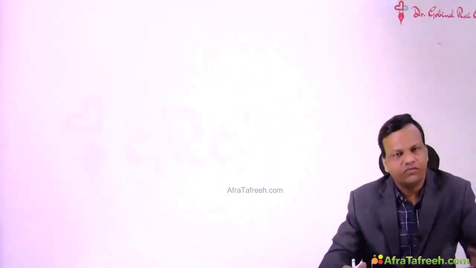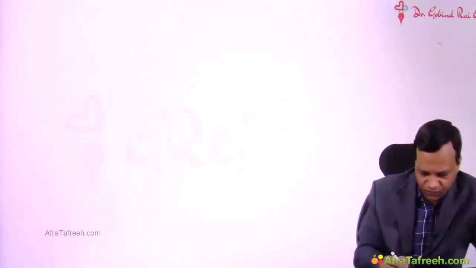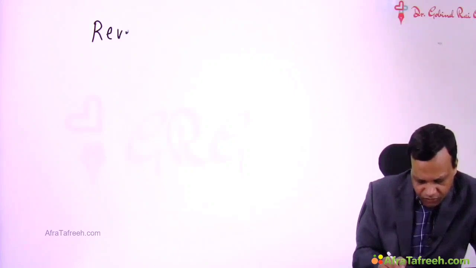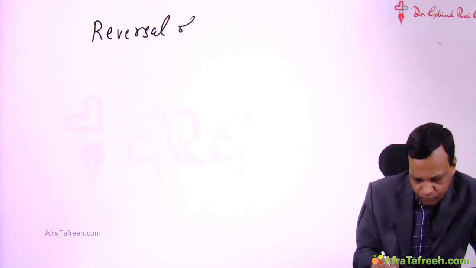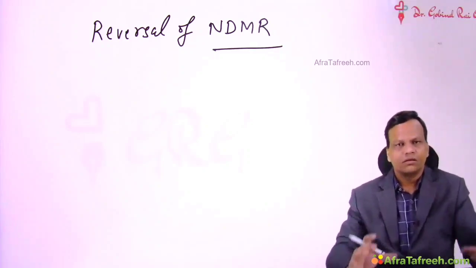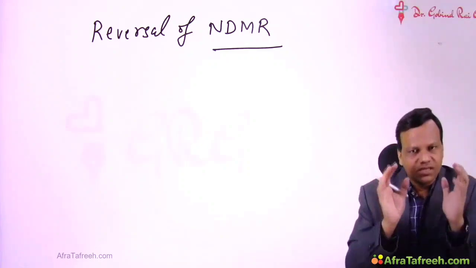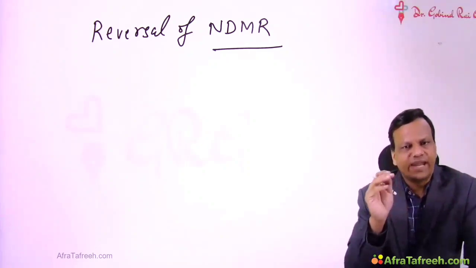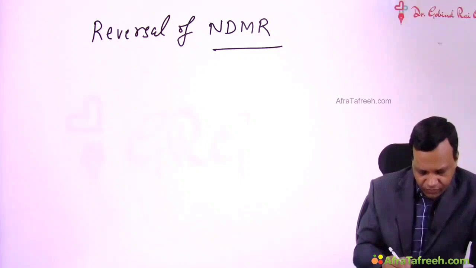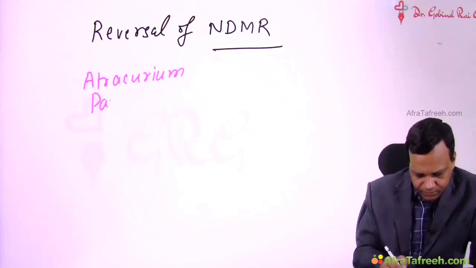Another condition where we can use neostigmine or pyridostigmine-like drugs is for reversal of non-depolarizing muscle relaxants. So the concept here is, there are some drugs which are used to relax the muscles, like atracurium, pancuronium-like drugs.